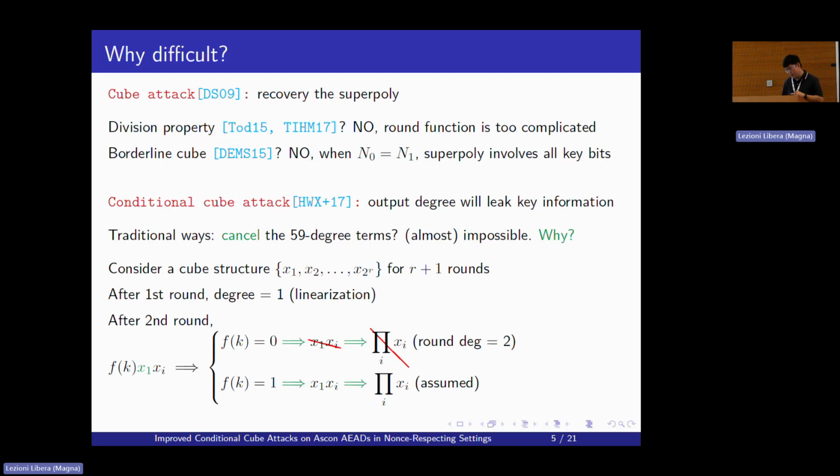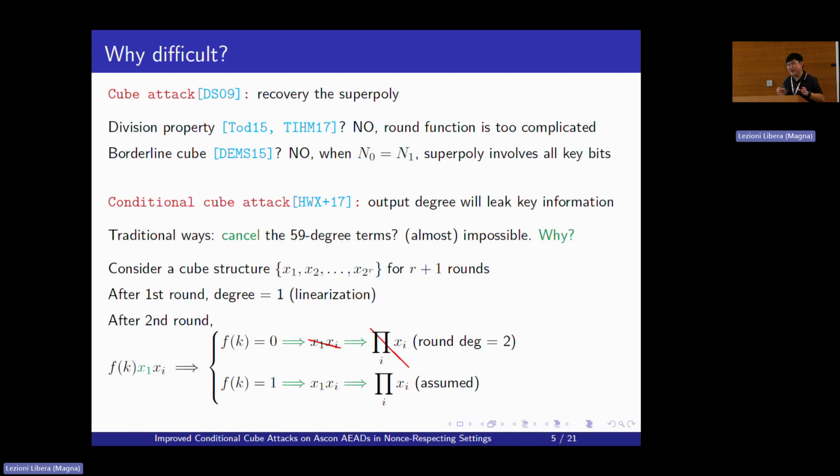And after the R+1 rounds, the max degree term will also not appear because the degree of the round function is 2. But if some coefficients are not 0, then some x1 times xi will appear, and that will lead to the max degree term.